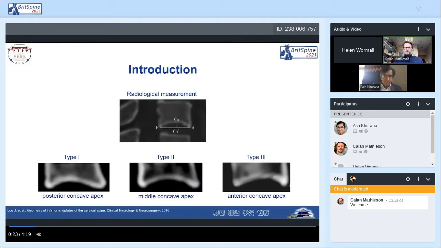As for geometry of inferior end plates, we did some anatomic measurements previously. On mid-sagittal plane, we classified inferior end plates into 3 types. From type 1 to type 3, the concave apex moved from posterior to anterior.